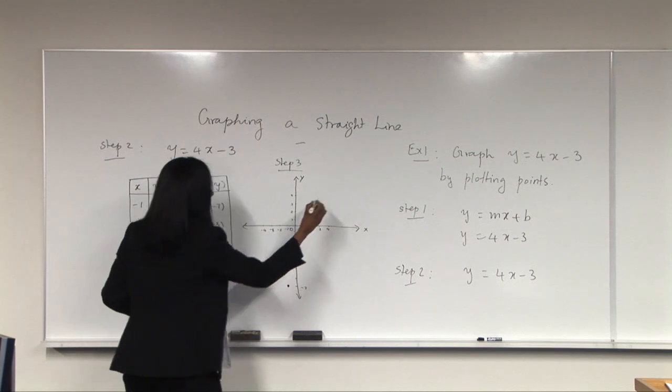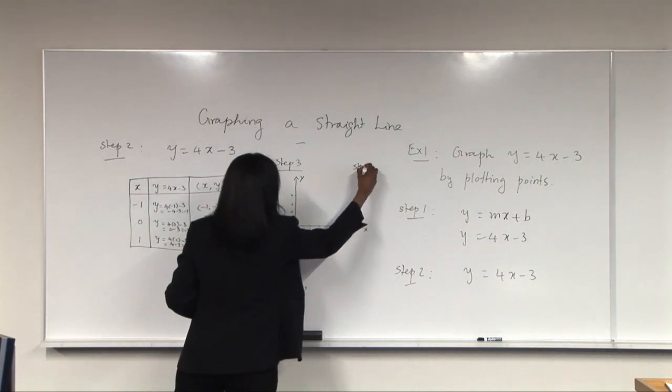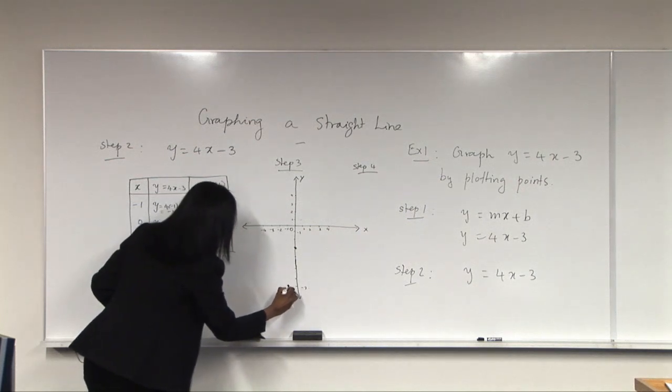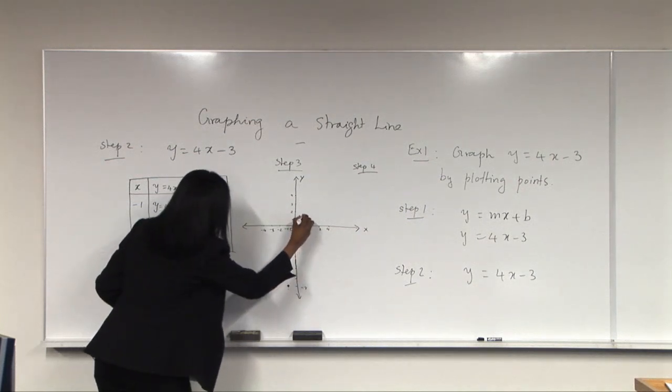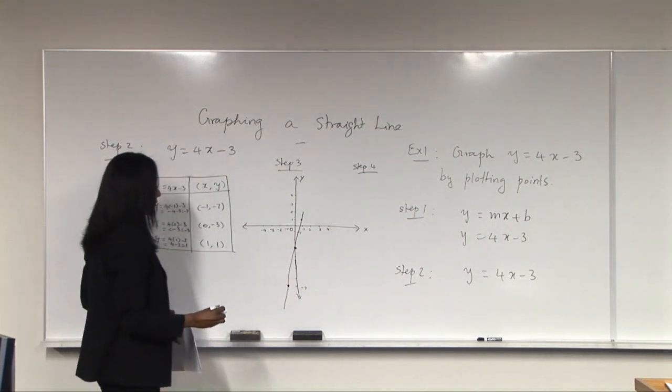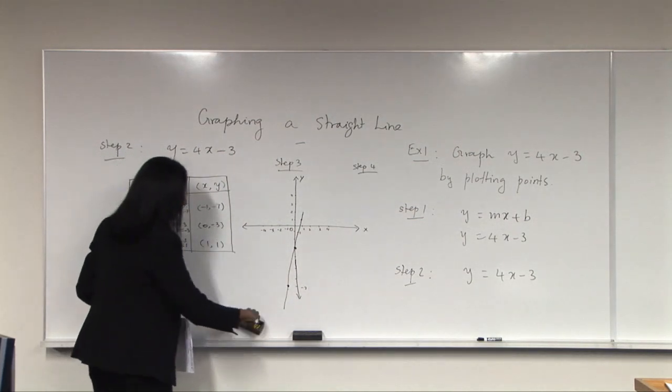So step number 4, join those points and graph. So you get a straight line, okay?